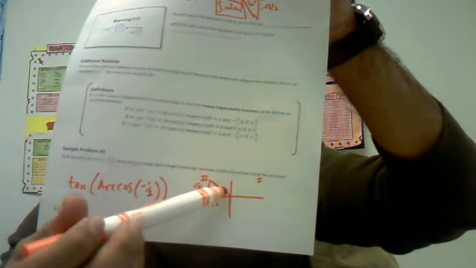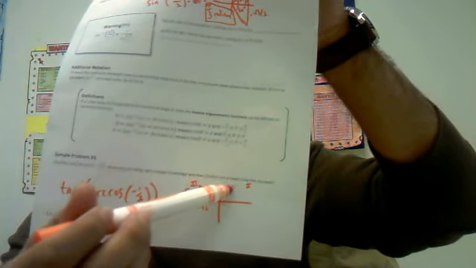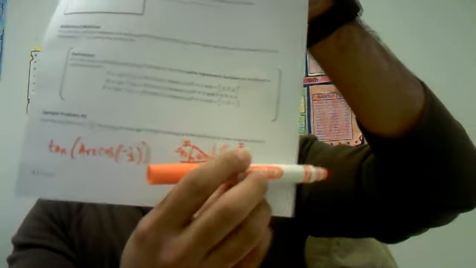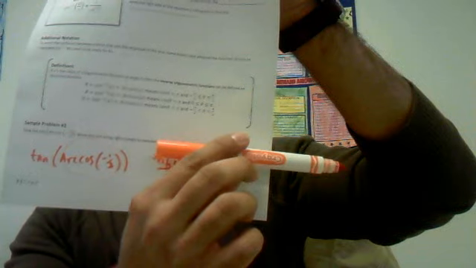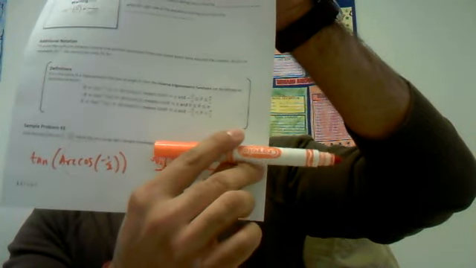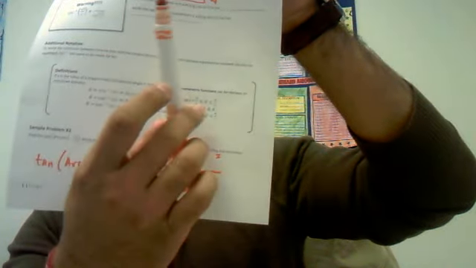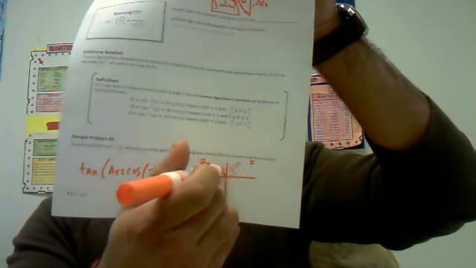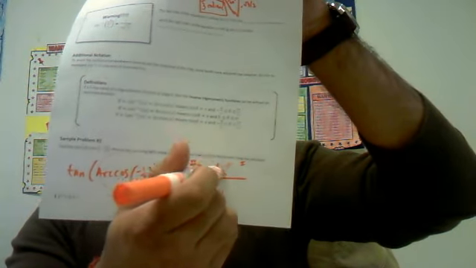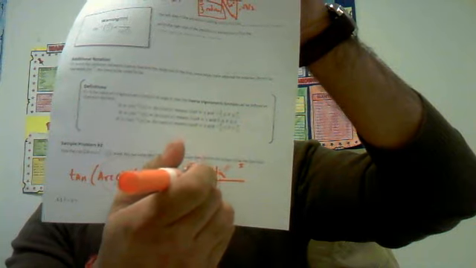I can't say that's 60 degrees because 60 degrees is in the first quadrant. So I have to find my angle all the way from my point of reference, which is my line right here, to the hypotenuse of my triangle. So what angle is this? This angle would be 180 minus 60 degrees, which would give me 120 degrees.